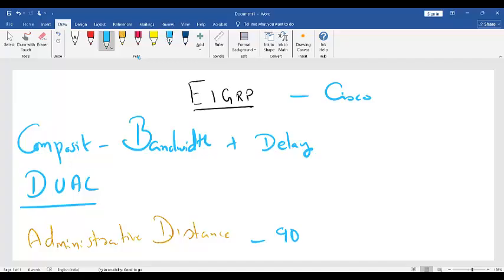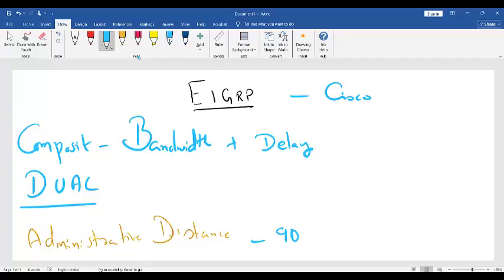EIGRP itself has two versions: one is a numbered version, another is a named version. We'll see both here. Usually I teach the named version in CCNP, but I would like to show you both here later when we do the lab.